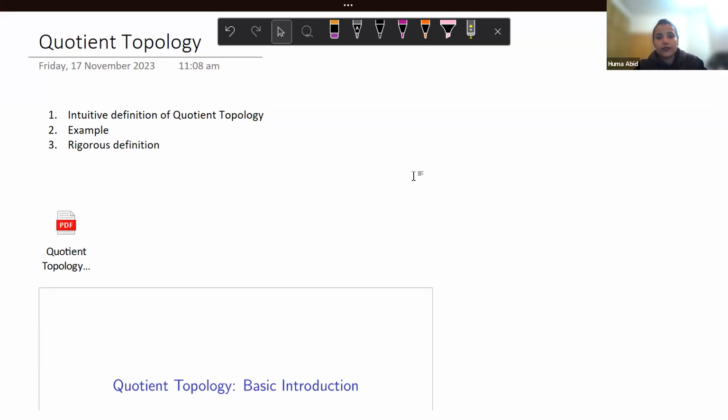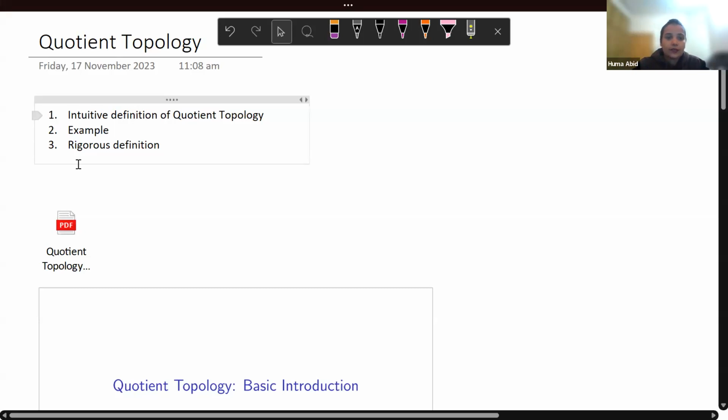So our focus is first to develop an intuitive understanding, and then we move on to the actual mathematics part of it. This is just a brief outline. First, we look at the intuitive definition, then we look at an example to help us ground that motivation into something more concrete, and then we look at the rigorous definition.